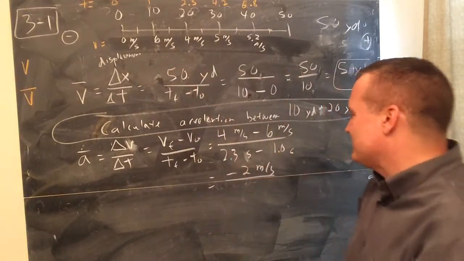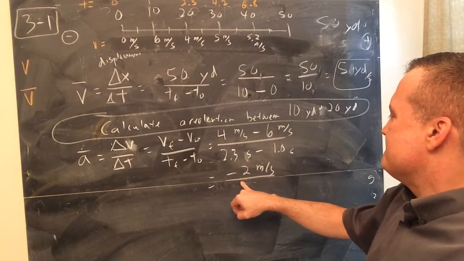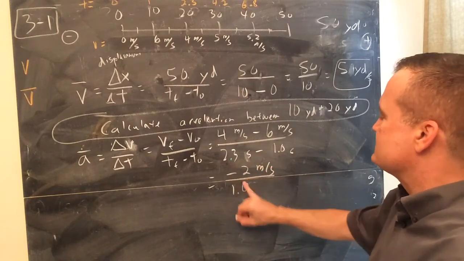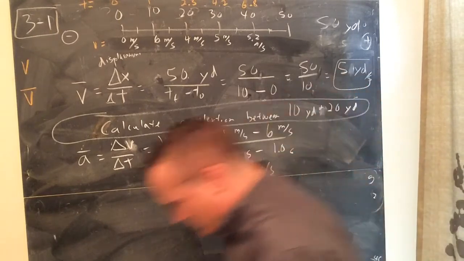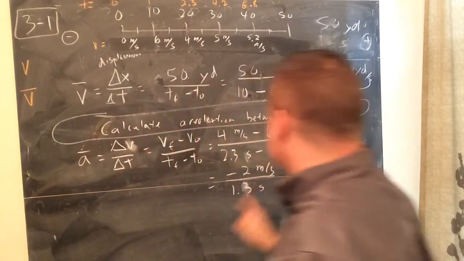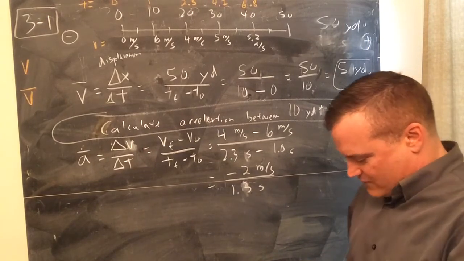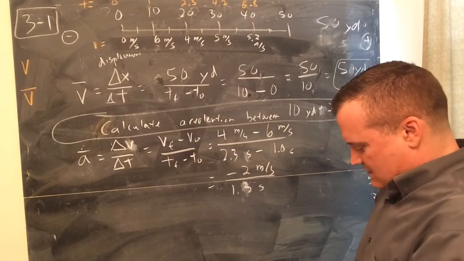It's kind of a weird thing to think of it that way. But anyway, okay. Now, 2.3 minus 1.0 second will be 1.3 seconds. Sorry. Now, I want you to see how the unit of this works out. So what is 2 divided by 1.3? It's kind of weird. It's going to be a fractional number. It's going to be, wait a minute. No, it's not.